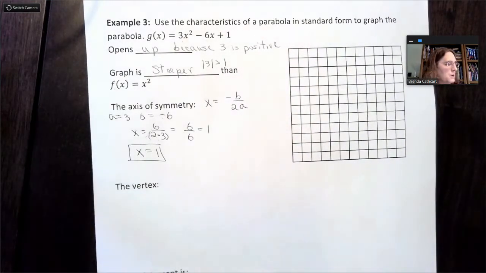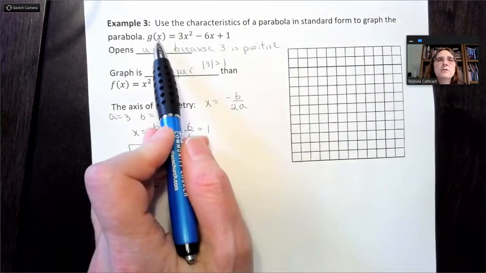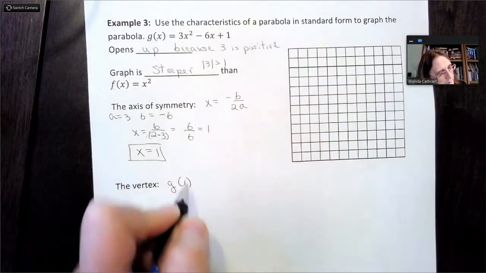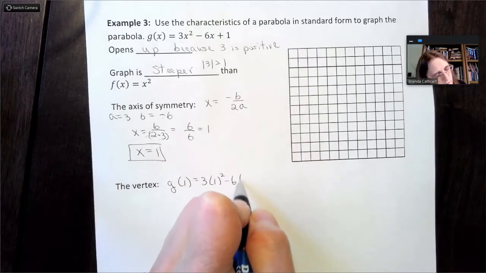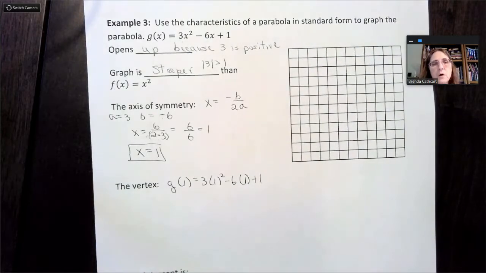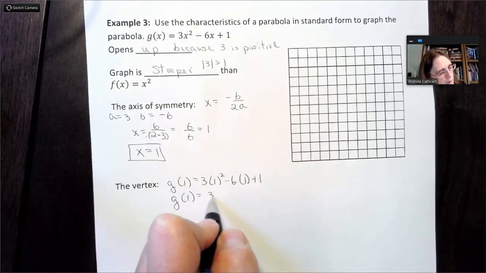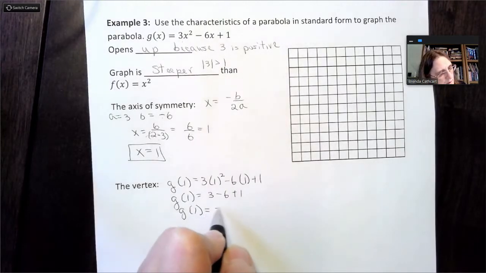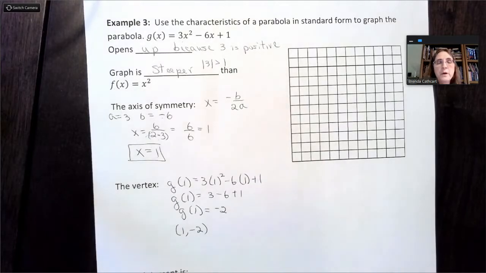To find the vertex, I'm going to use 1 for x in my function and find my function value. So I'm going to take g of 1 equals 3 times 1 squared minus 6 times 1 plus 1. Simplifying, we get g of 1 equals 3 minus 6 plus 1, or g of 1 equals negative 2. So our vertex is the ordered pair (1, negative 2).